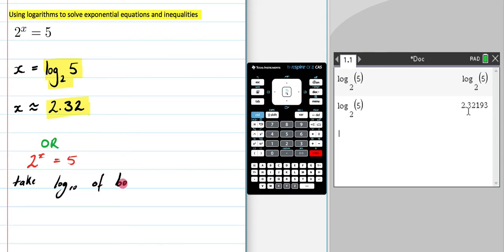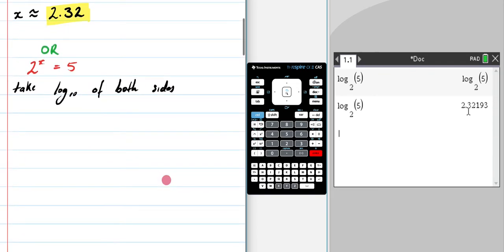I'm then going to scroll down and I'm going to do that. I'm going to go log base 10 of 2 to the x is going to be equal to log base 10 of 5. So I just took log base 10 of both sides.